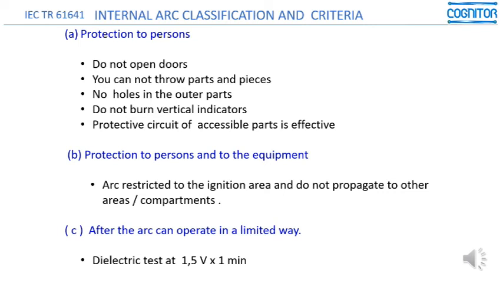You need to meet all the criteria that I mentioned above for the internal arc classification A and B, but also after the internal arc test, we should do a dielectric test at 1.5 times the rated voltage during 1 minute, and the equipment should pass the test. This means that after this test, the equipment is still in a reasonable condition for operating during a small period while we are repairing the other areas of the switchgear. And that is it.